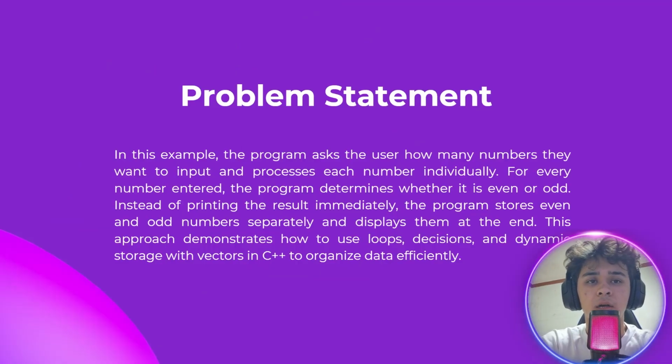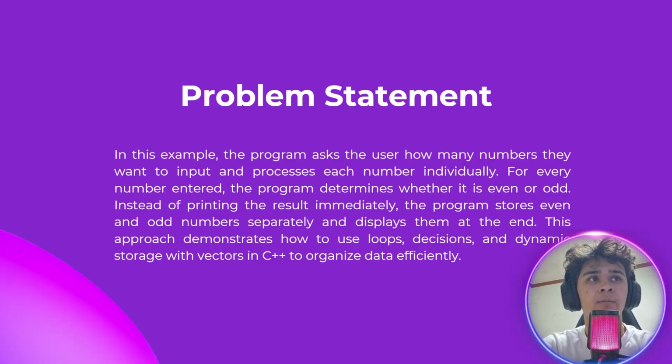So now I want to show you an example of how to make a flowchart and how to write code based on this flowchart. We have a statement. In this example, the program asks the user how many numbers they want to input and processes each number individually.